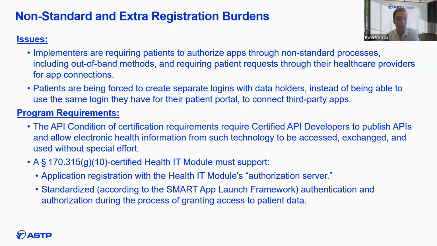That last phrase, without special effort, is the key thing I want to re-highlight here. Without special effort is a statutory authority ONC is following in developing these requirements. And it's also something to be mindful of when deploying these APIs and making sure they're accessible in a certified API developer's deployed product.